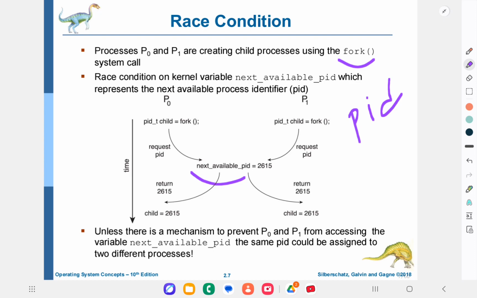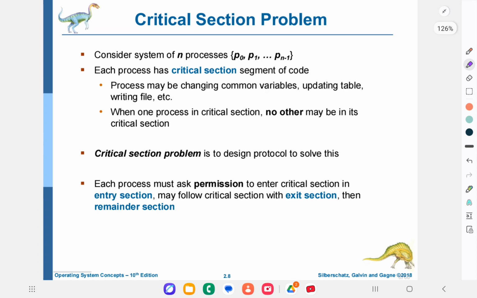These two processes will execute concurrently, and they will both try to access this kernel variable to get a unique PID. If we did not have a proper synchronization tool, we may end up with these two processes being assigned the same PID, which violates the requirement of having a unique PID.